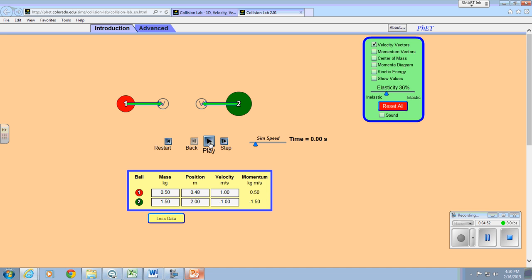If I run the simulation, the objects collide, and now they both are going this way, but the momentum is still conserved. Look, negative 0.52 and negative 0.48 makes negative 1. That was the initial momentum. Initial momentum equals final momentum.